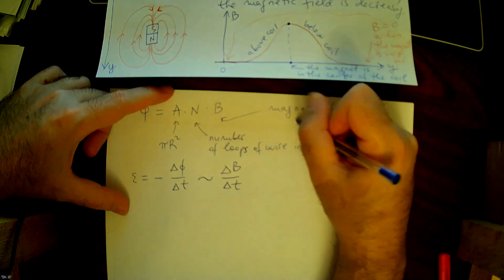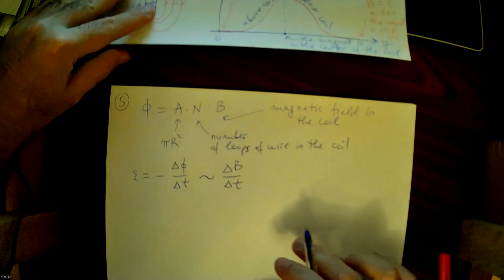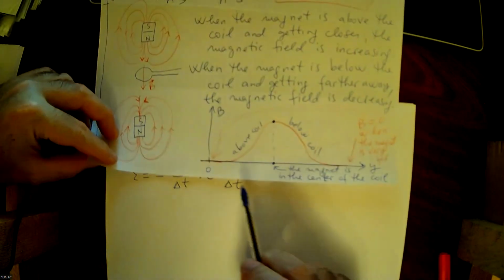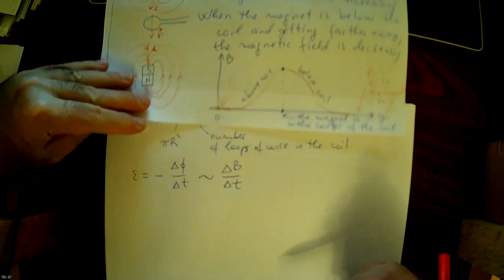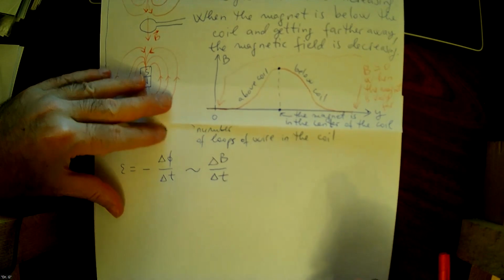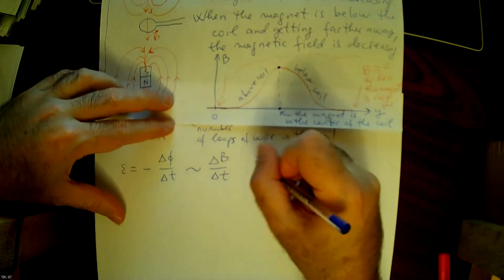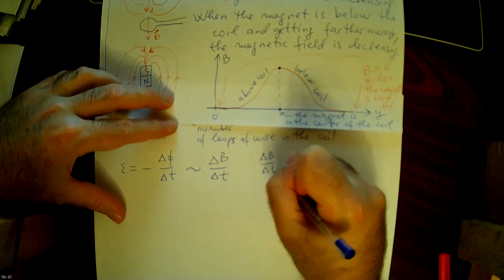In the coil. Now if we look at this graph, we can quite easily calculate the derivative, the change in B over change in time.